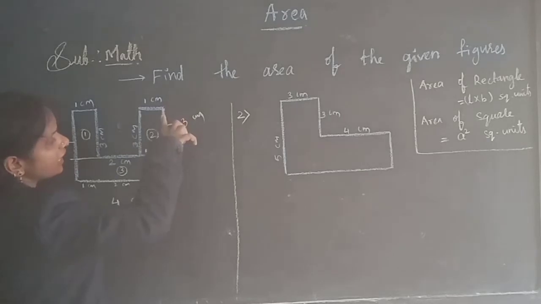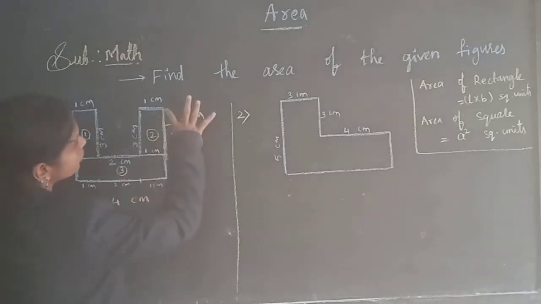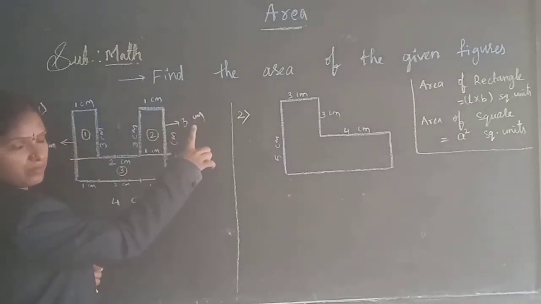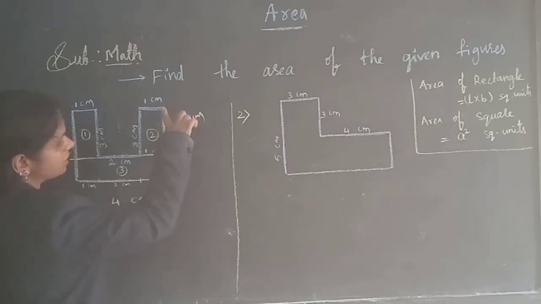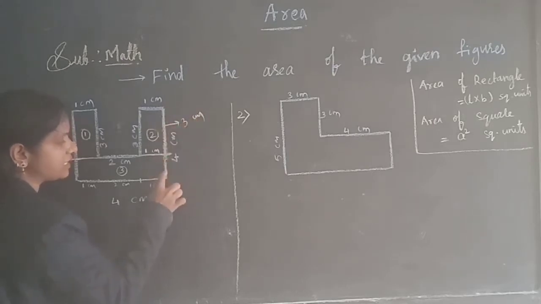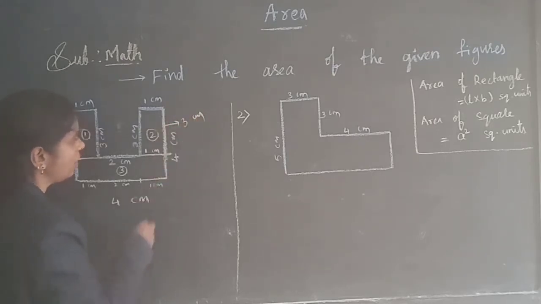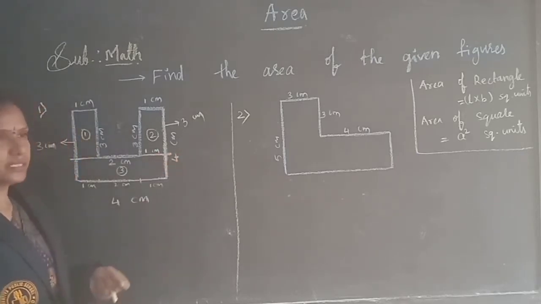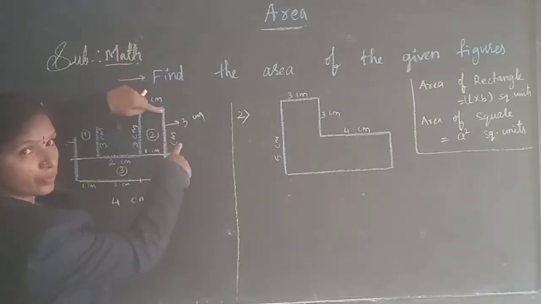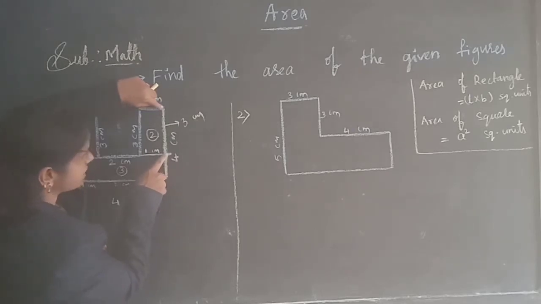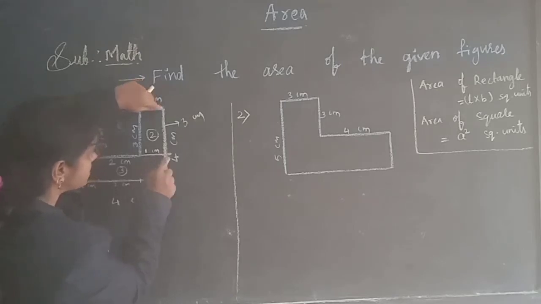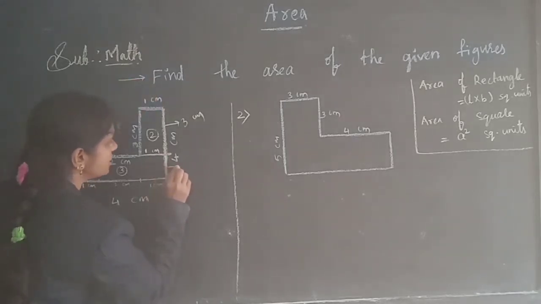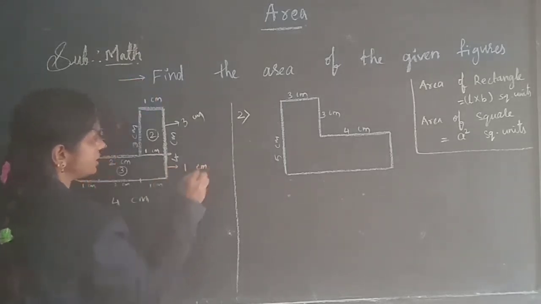Up to here 3, and the total is 4, so if I subtract this length from the total, I will get this line segment length, which I am drawing with orange. Total is 4, so 4 minus 3, I will get 1. This line segment length is 1 centimeter.